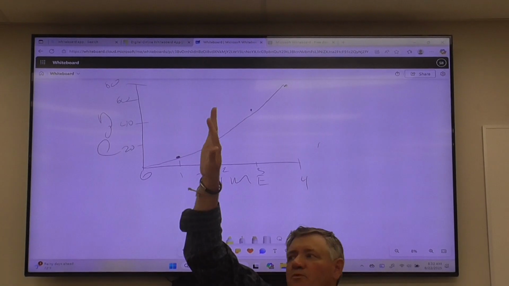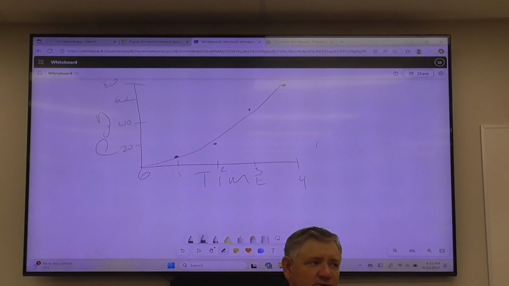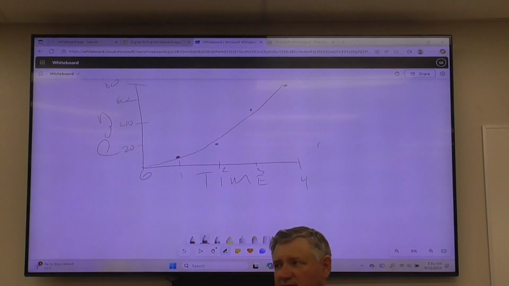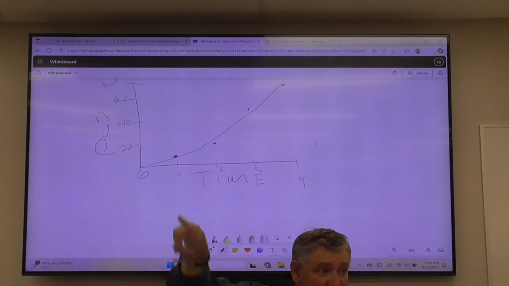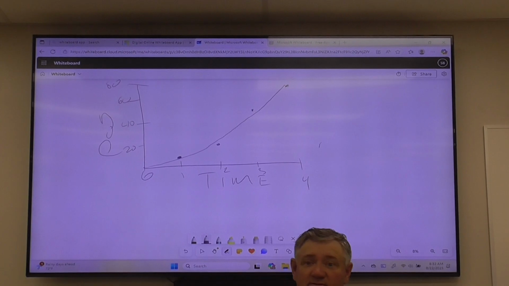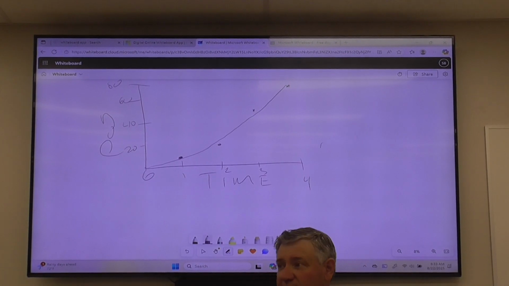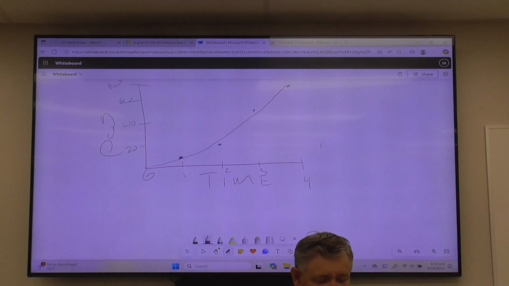This is so much of a curved line, it would do you no good to even try and draw a line of best fit, because it's such a quadratic function. Do you need to connect the dots on your graph? Absolutely. Does it make any sense to draw a line of best fit? No.